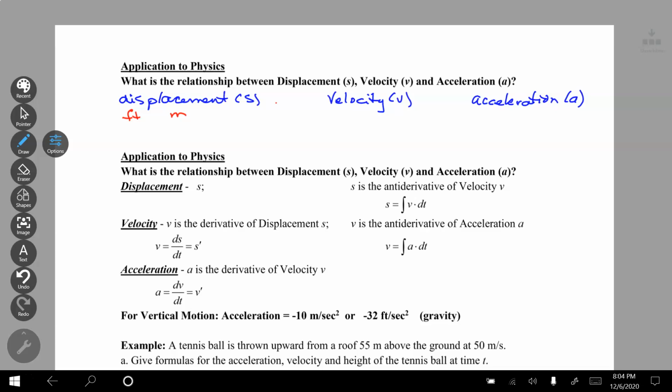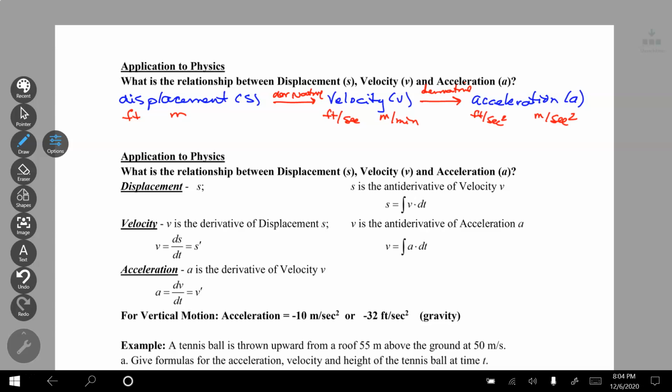Whenever we take its derivative, I get velocity because that's usually measured in feet per second, meters per minute, or whatever. And then I take its derivative again, and I get acceleration. That's usually feet per second squared, meters per second squared, whatever you want to call it.